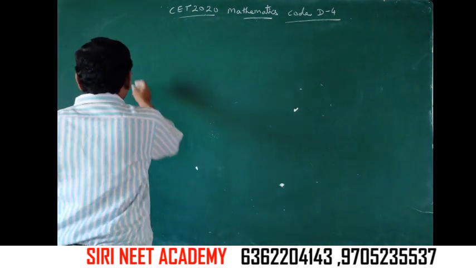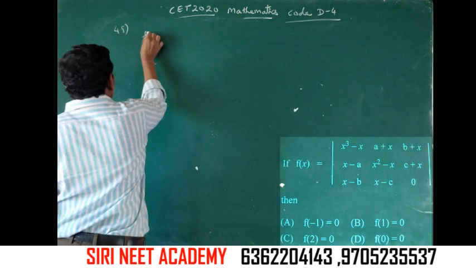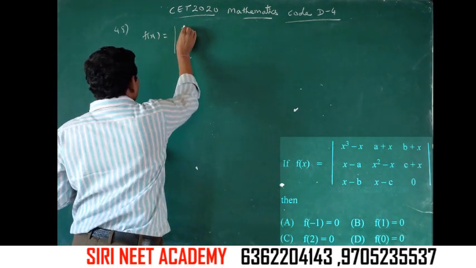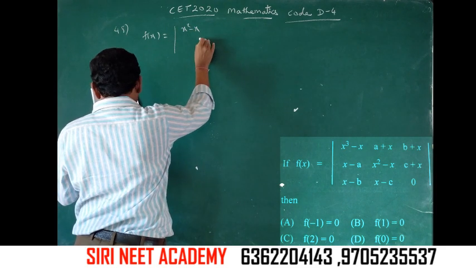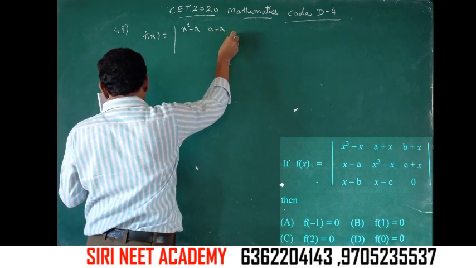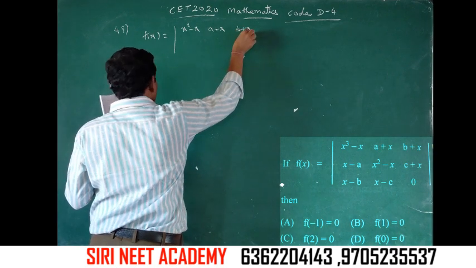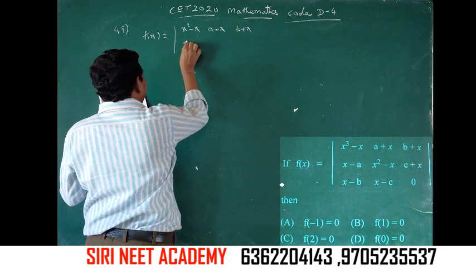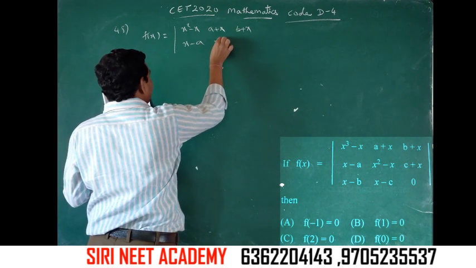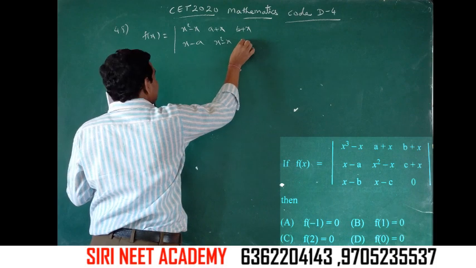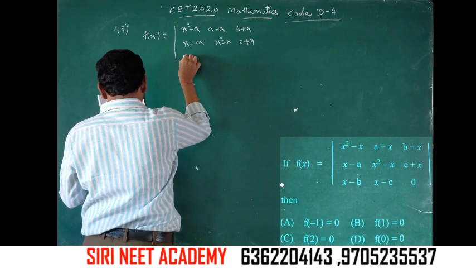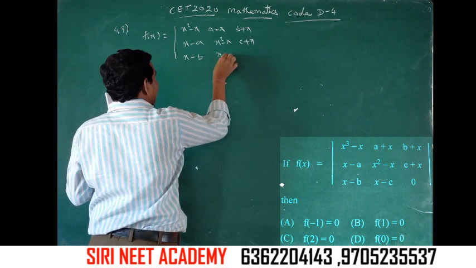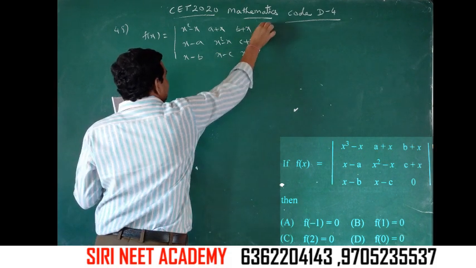Now question number 48. F of x is equal to the determinant of the trigonometric matrix: x square, minus x, a plus x, b plus x; x minus a, x square, minus x, c plus x; x minus b, x minus c, x square, minus x.